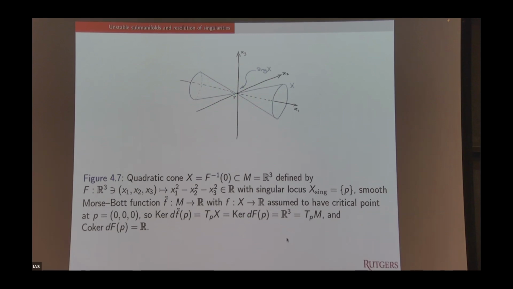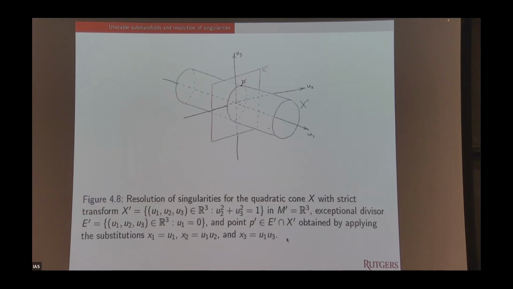I'm assuming that we're given, I never specified, some Morse-Bott function on the whole 3-space, or at least an open neighborhood of this point. And F, as before in the statement of the theorems, is just the restriction of F tilde to this singular surface. All right, so now we apply resolution of singularities, and we get this picture.